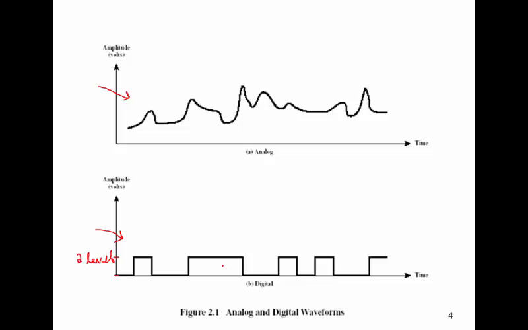If you have a device to generate two-level digital signals, then very easily you can have two different voltages, 5 volts or no voltage, or positive 5 and negative 5.